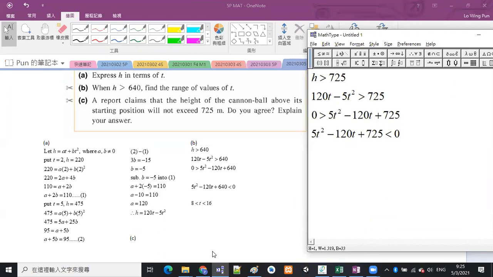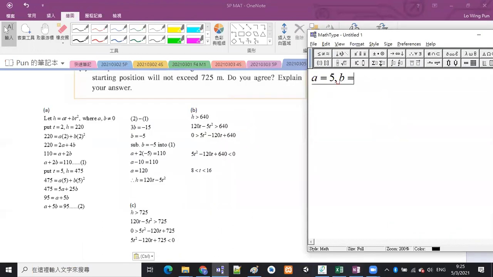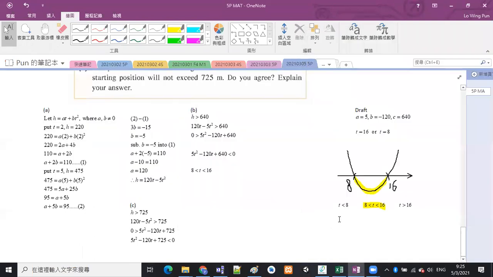Less than 0. Okay, and go to the draft again. This time A is 5, B is negative 120, and C is 725. And then use the formula 1 again. 5, negative 120, and 725, and you get math error.